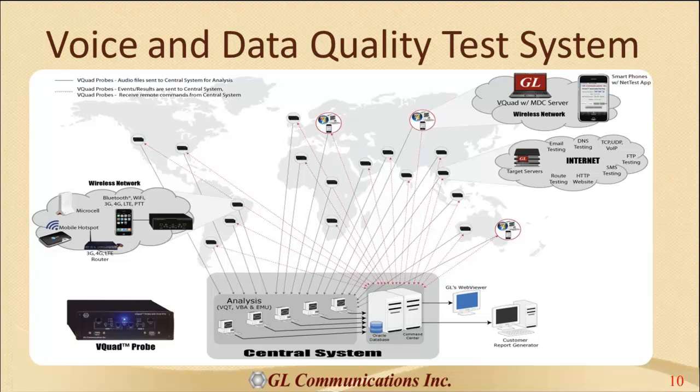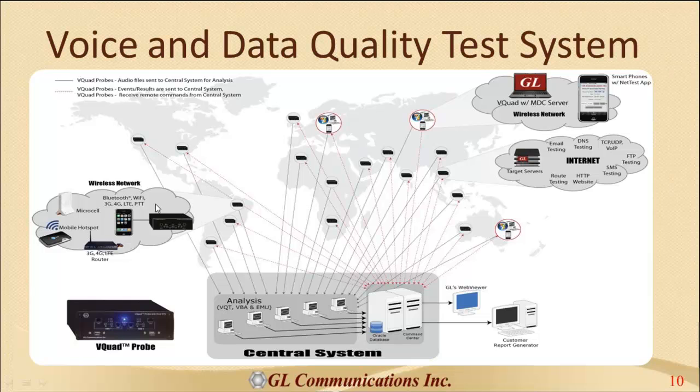And we can send all the results to our central system, which is called GL's web viewer, and you can customize all your reports based on different parameters and filters. You can perform all the voice quality testing, echo measurement testing, and different data testing on different networks.